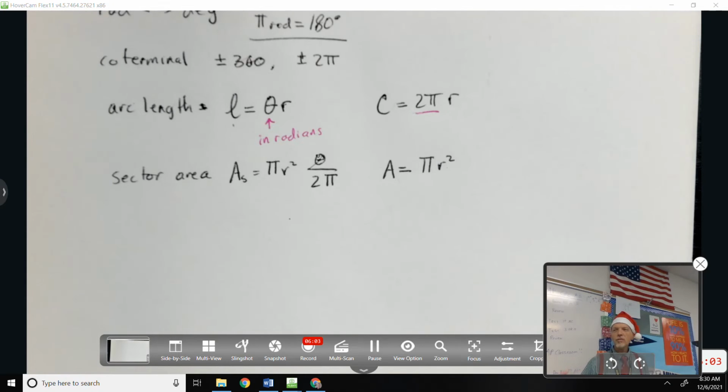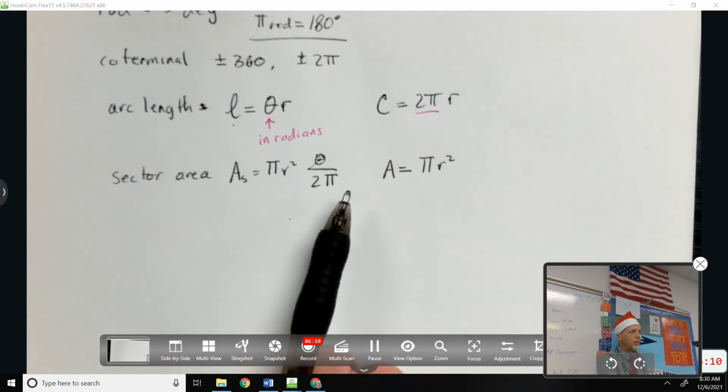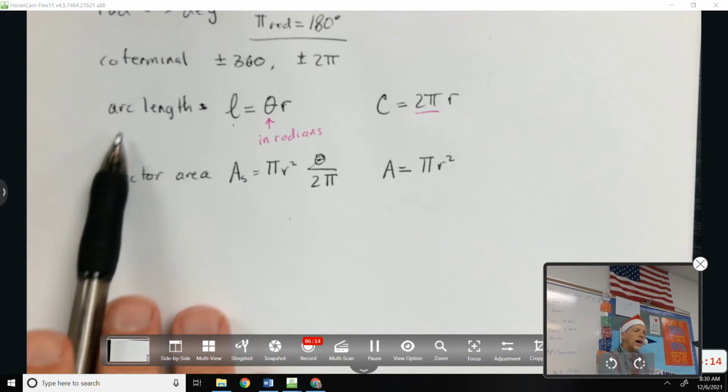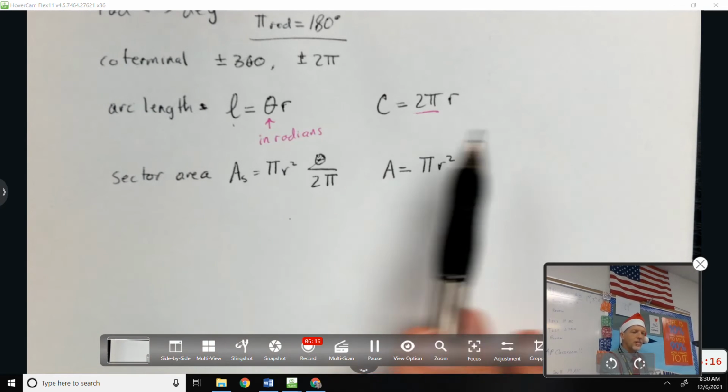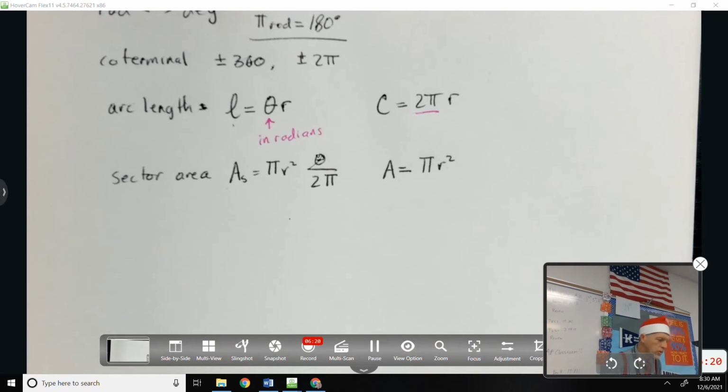And so that gives me a fraction of the circle. Right? If I went all the way around, I'd be multiplying by 2 pi over 2 pi. That'd be all of the circle. So I like to tie arc length and sector area to the formulas that I already know. That helps me remember those two specific formulas.